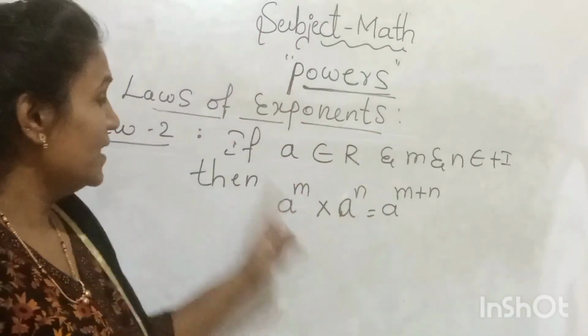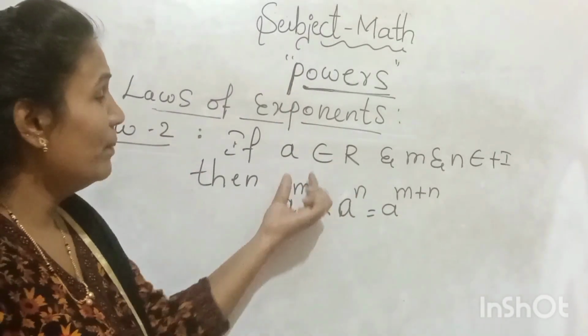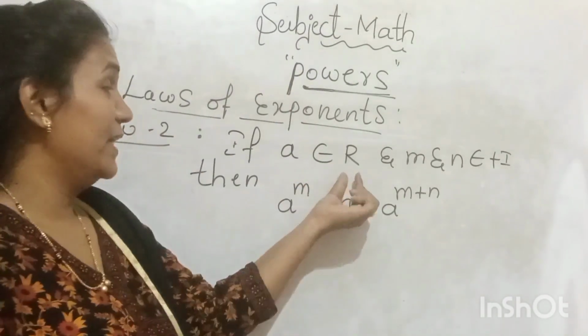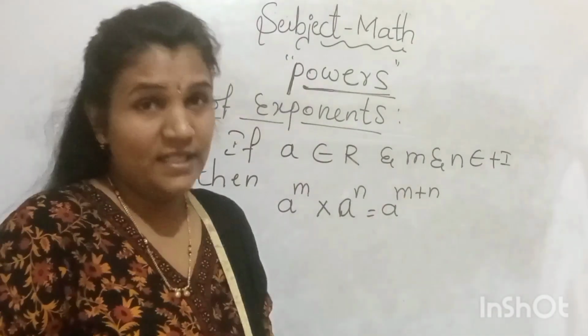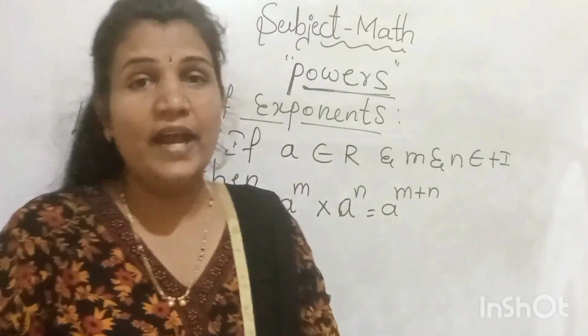In such cases, the second law says a to the power m into a to the power n always equals a to the power m plus n. Means the exponents we need to add.